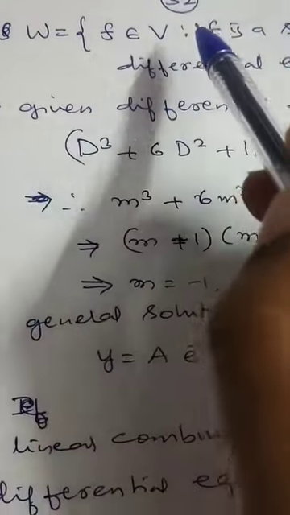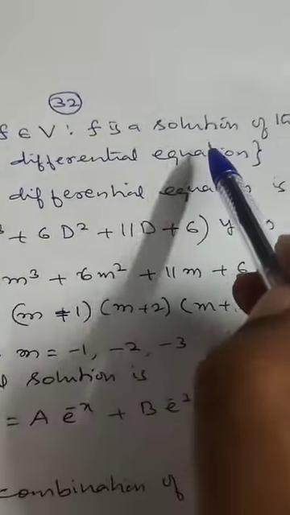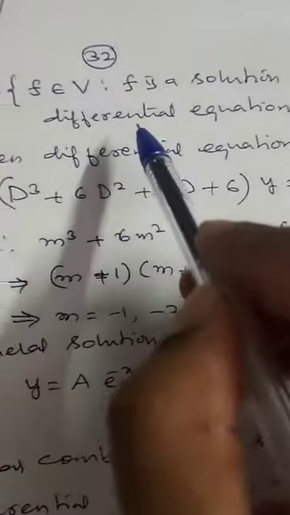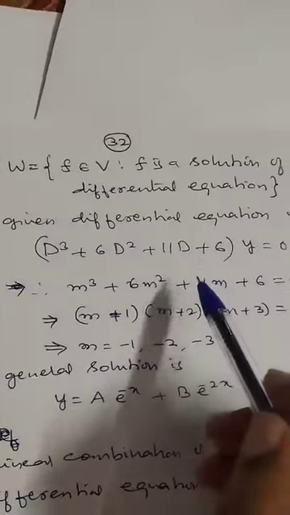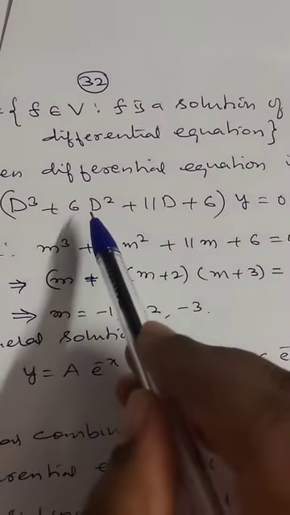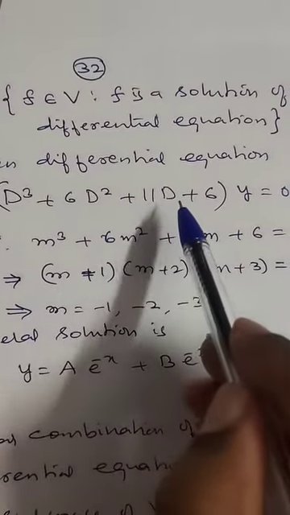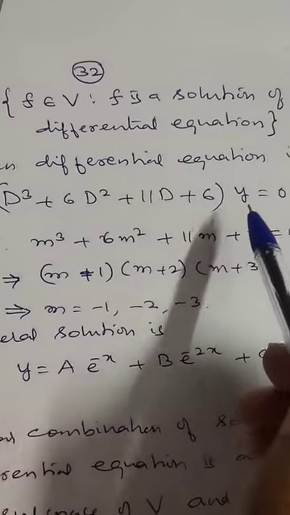So for this, look here, we take W as the set of all f belongs to V, such that f is a solution of the given differential equation. Now the given differential equation can be written as (D cube plus 6D square plus 11D plus 6) y equal to 0.